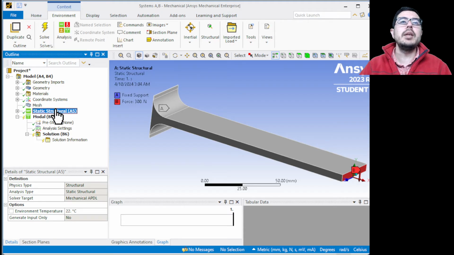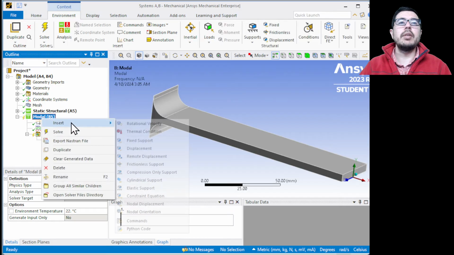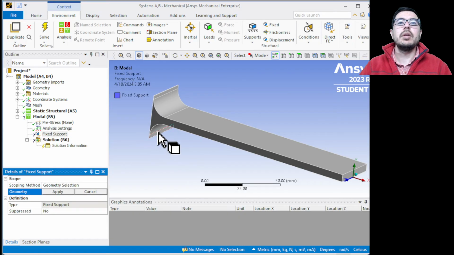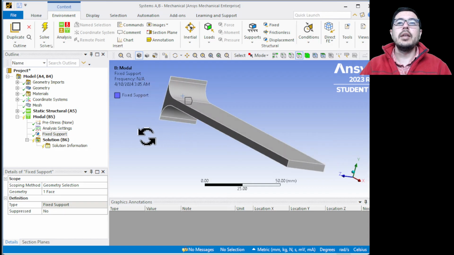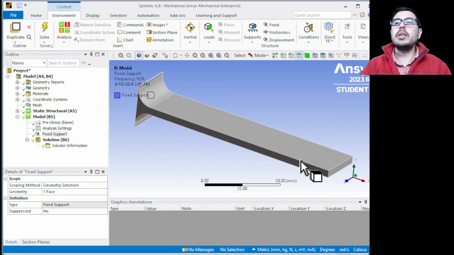This is pulling in nothing from the structural, but it is pulling in from the mesh and the geometry. So if we come over here, we've got to add a fixed support, and hopefully I'll do it right this time. So I do a selection here, apply, and then we don't need to add a force. We're doing modal analysis, right?